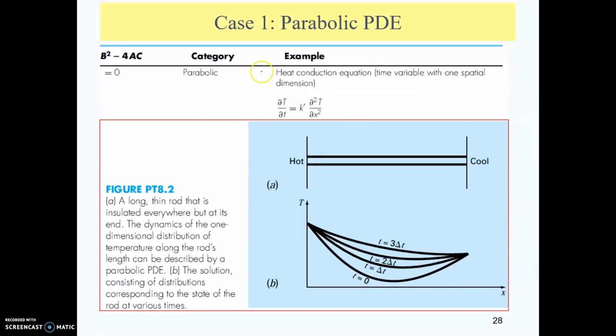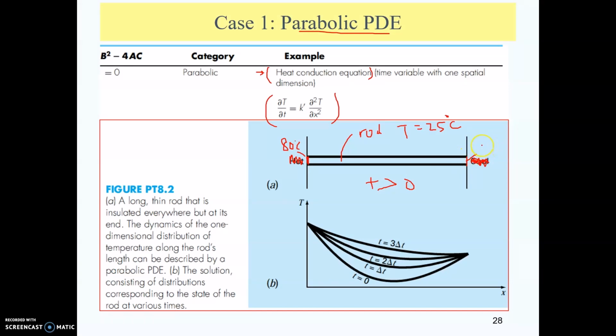Previously, you have learned that the heat equation here is one of the examples for the parabolic PDE. Let's have a rod which has the initial temperature equal to 25 degrees Celsius. At t greater than 0, you put some heat source on both ends of the rod. For example, the temperature for the heat source here is 80 degrees, therefore the end here will have the same temperature.